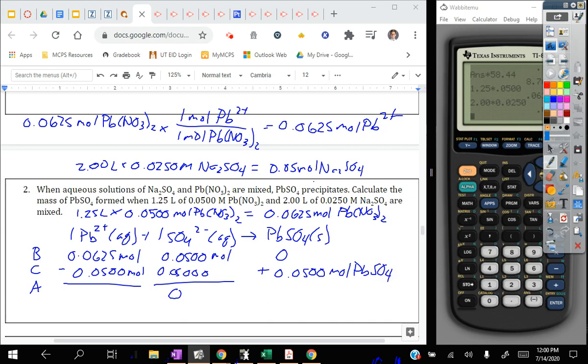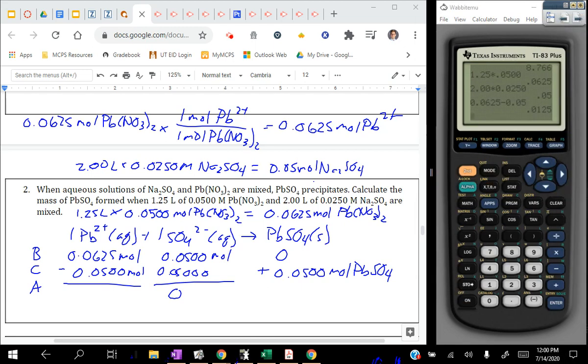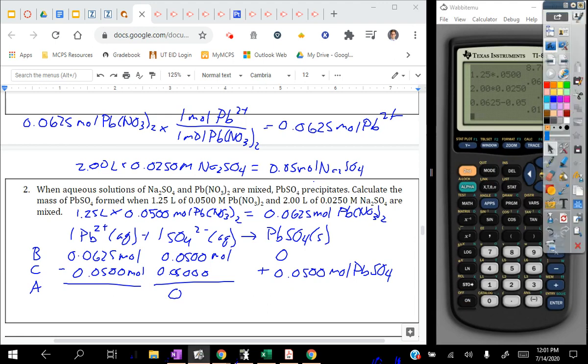We're not asked for what's left over in terms of lead ions, but you can figure it out. It's good practice. So we're left with 0.0125 moles of lead ions remaining. Moles of Pb2+, we're going to say in excess.